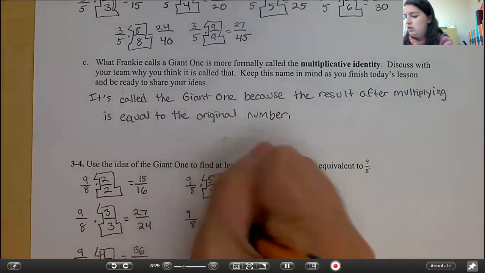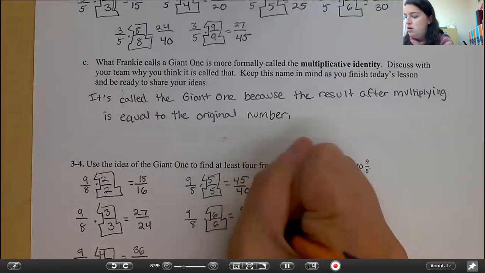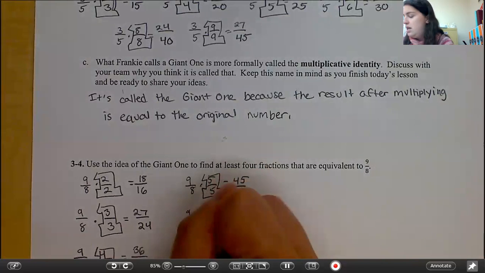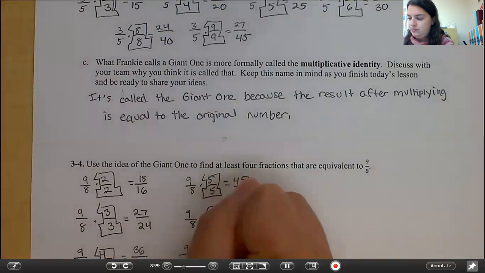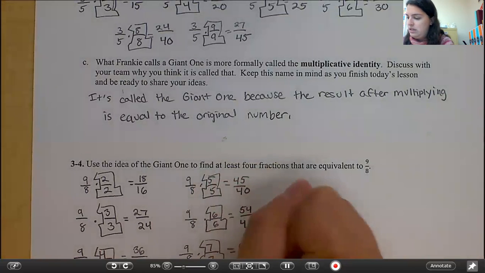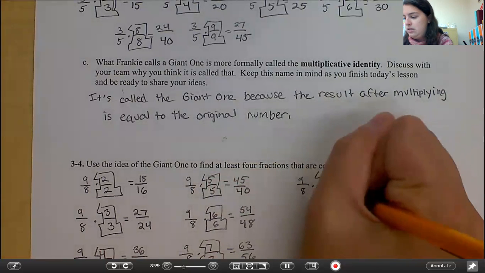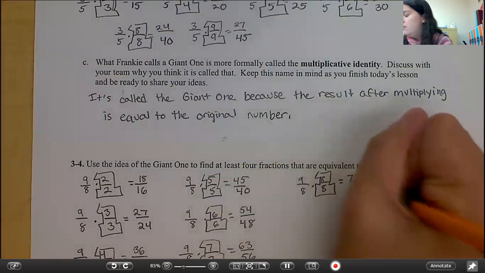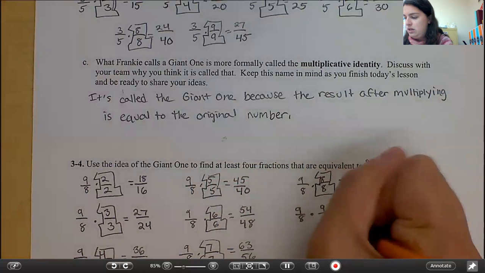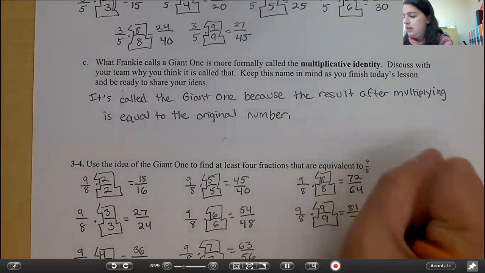9/8 times 6 over 6. Okay, and you only needed 4 of these, but I'm just showing you 54/48. 9 over 8 times 7 over 7. Giving you many options here that you could have had. 63/56. 9/8 times 8 over 8, 72/64. 9/8 times 9 over 9, 81/72.